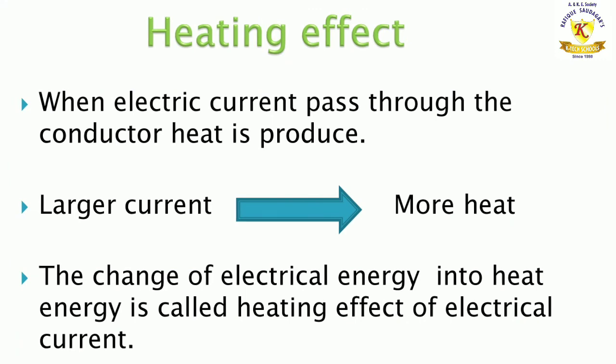Heating effect. When electric current passes through a conductor, heat is produced. The larger the current, the more the heat. So the change of electrical energy into heat energy is called the heating effect of electric current.